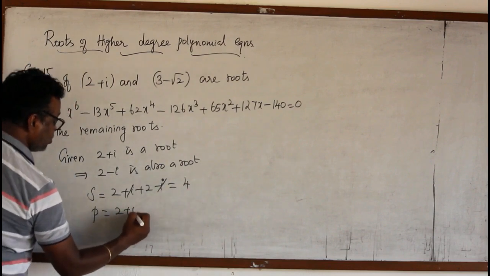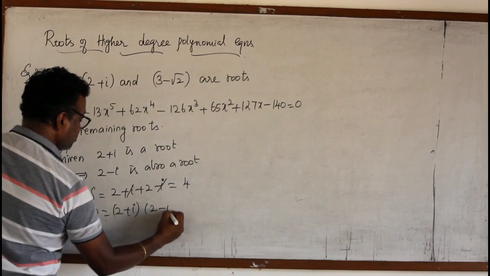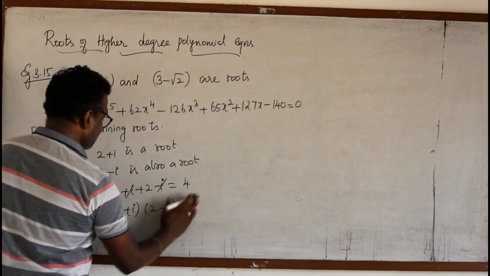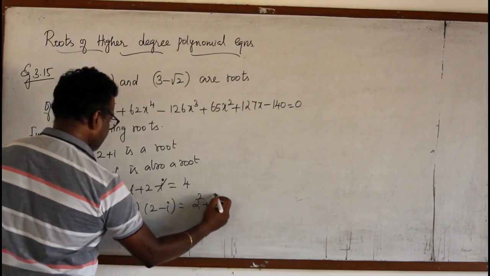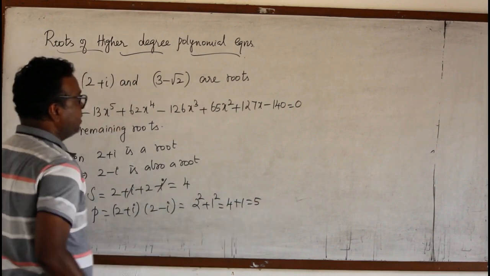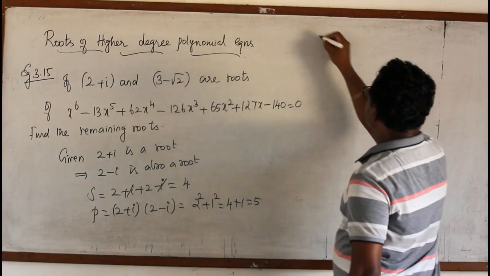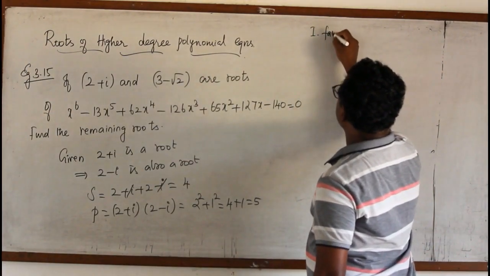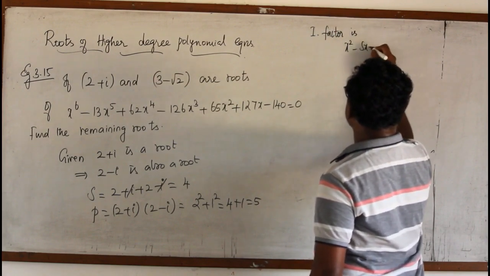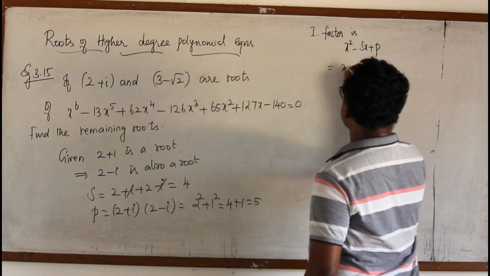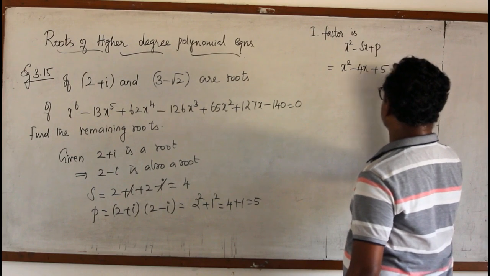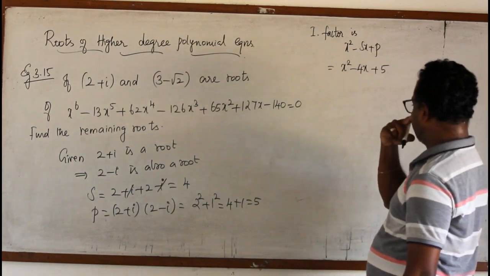Product is 2 plus i into 2 minus i, it is 2 square plus 1 square, 4 plus 1, 5. Instead of writing the equation, we shall write the first factor as x square minus sx plus p, that is x square minus 4x plus 5. This is our first factor.